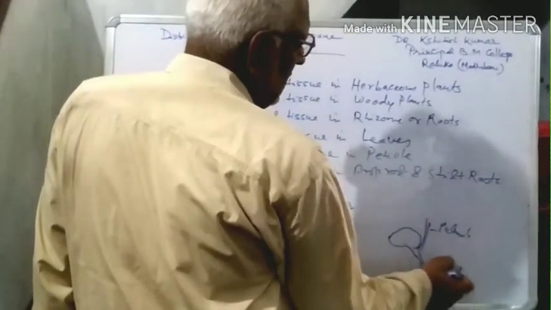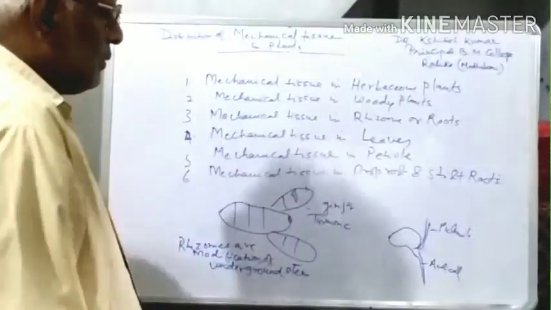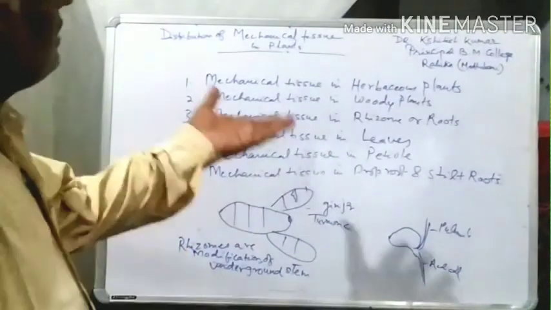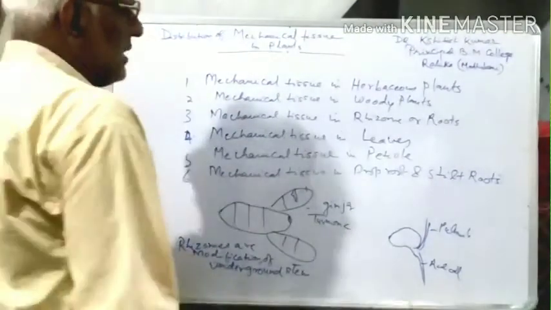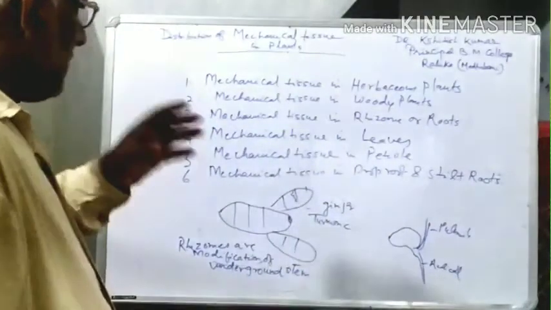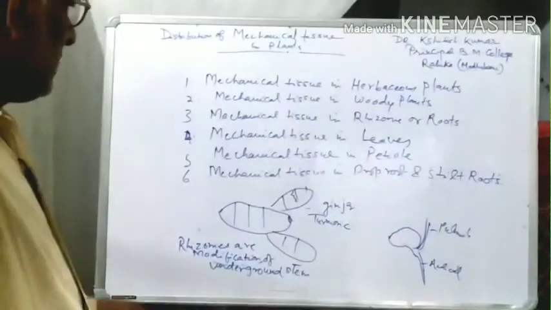The radicle gives rise to the root. So the root is the common thing which is found in every plant. Leaves, it is the common thing.